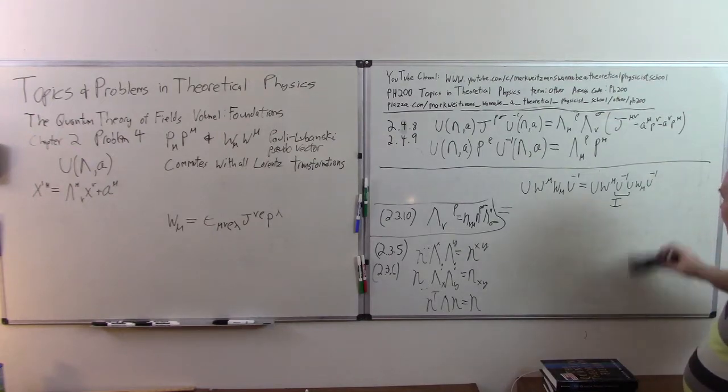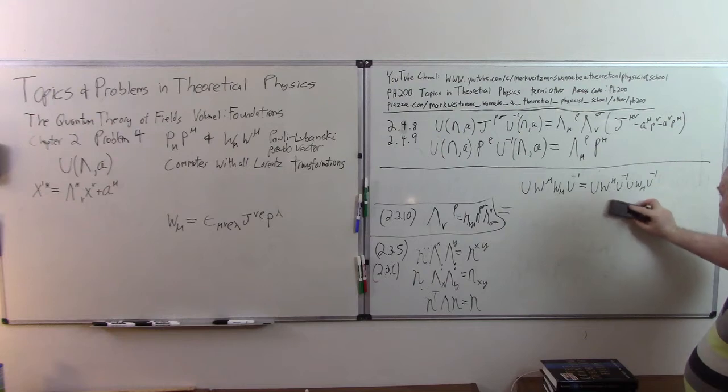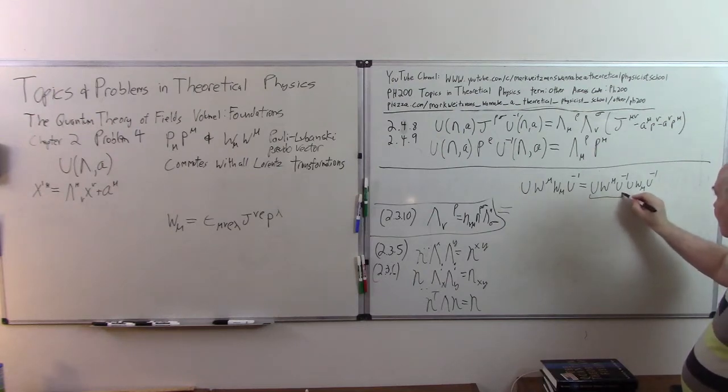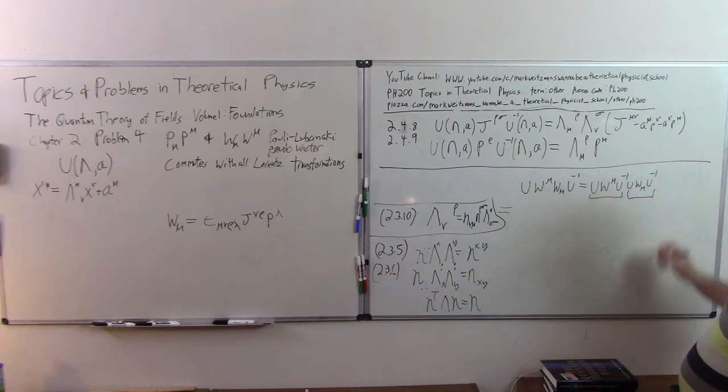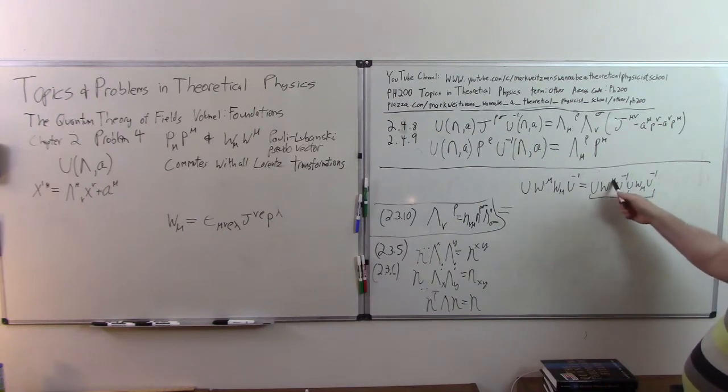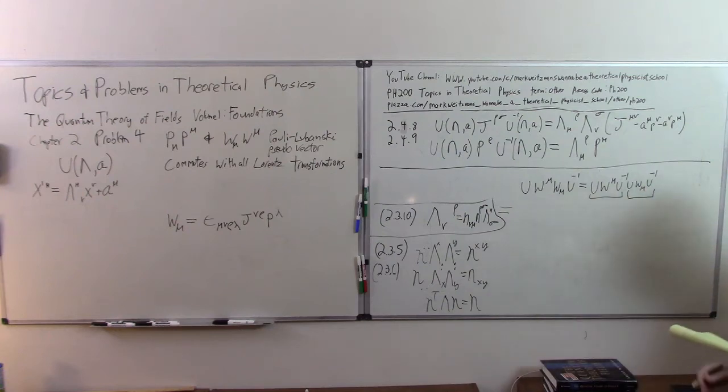As you can see, we're basically going to compute the same thing twice. When we get this, we lower the index, or we can get this, we raise the index, either way.